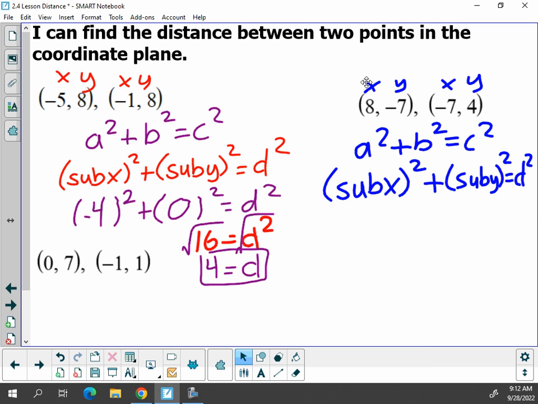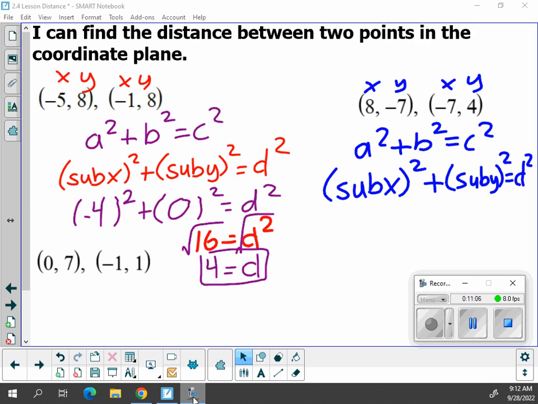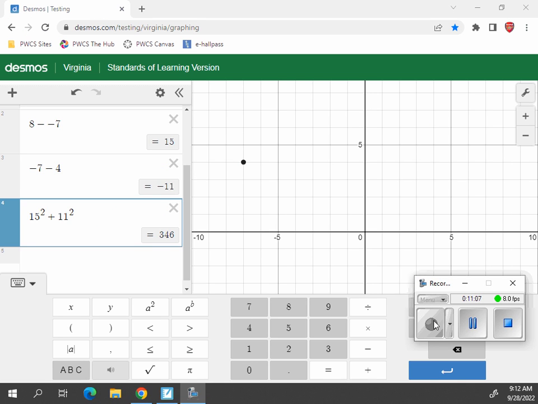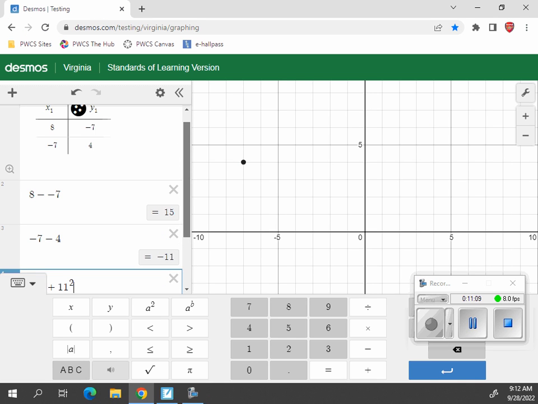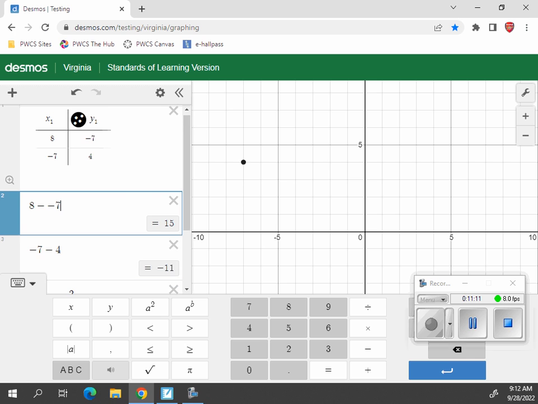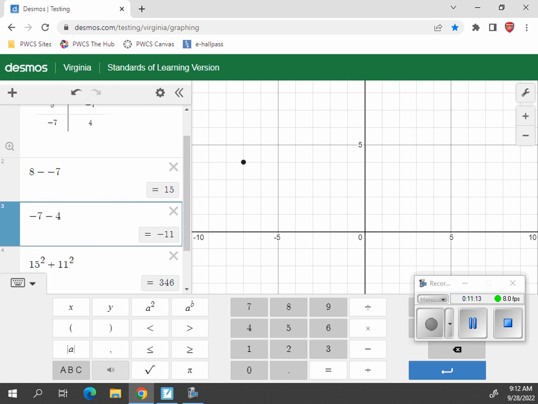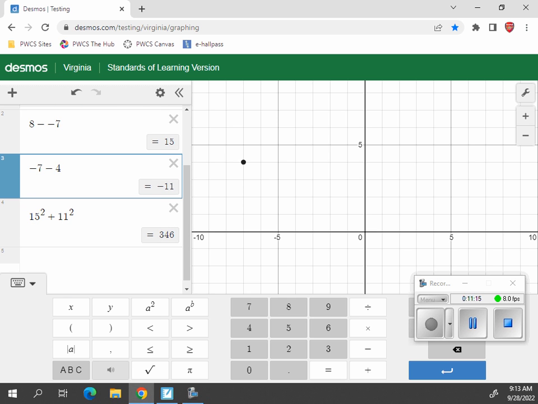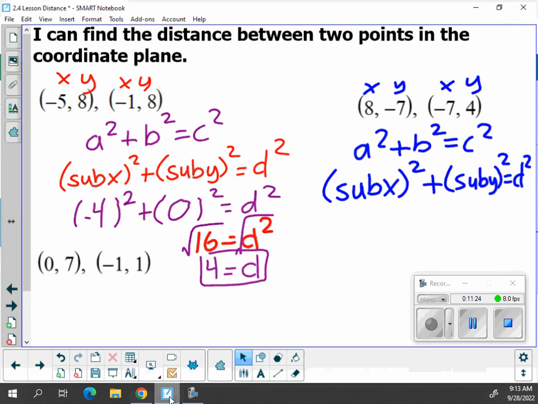So I can go ahead and put these in the calculator. I'm going to do that quick. So I went ahead and put my points in, and then I subtracted my x's here, and I subtracted my y's. And I got a negative 11 for the difference in my y's, and I'm just going to plug in positive 11 when I square them. So I have 15 squared plus 11 squared, and I get 346.